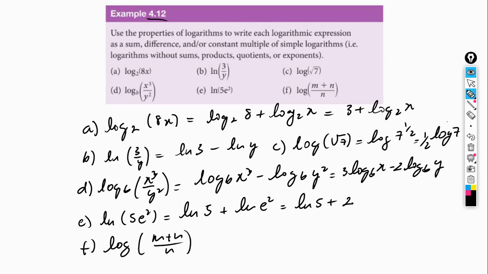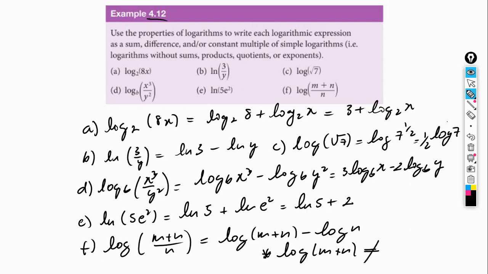And this is simply going to be log of m plus n minus log of n. Now be careful, because recall that log of m plus n is not equal to log of m plus log of n. This only applies to log of m times n.